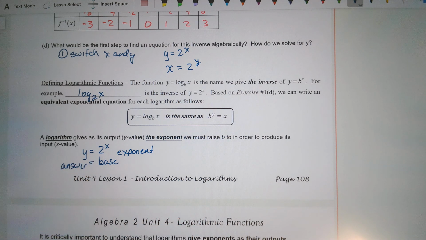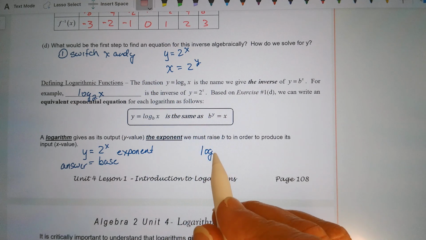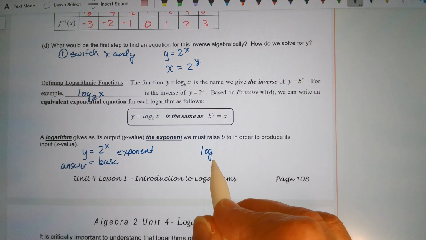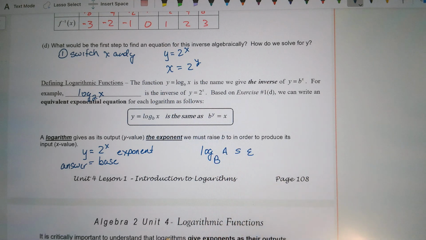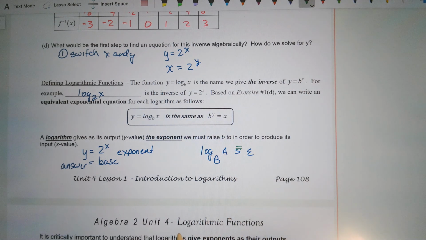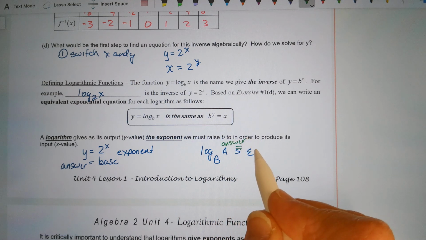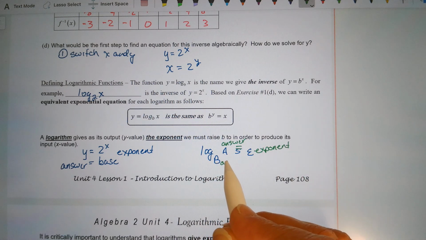When we switch to log form, we spell out the word base. We go log, subscript capital B, A, S, E. Now the S stands for equals, A stands for answer, E represents the exponent, and the capital B, base.